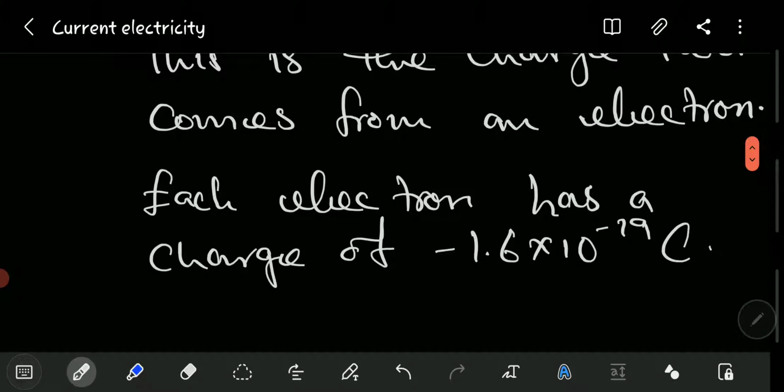So basically, this is where these electric charges are coming from.